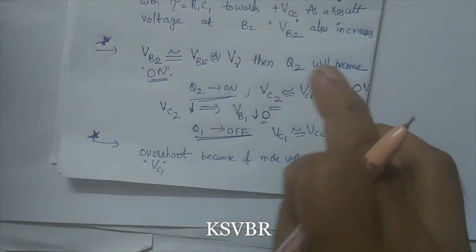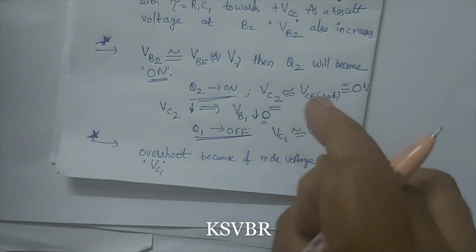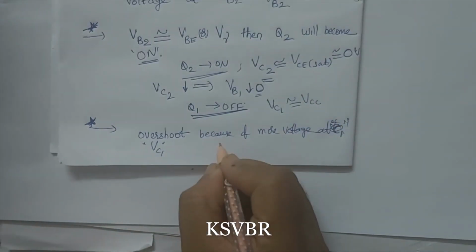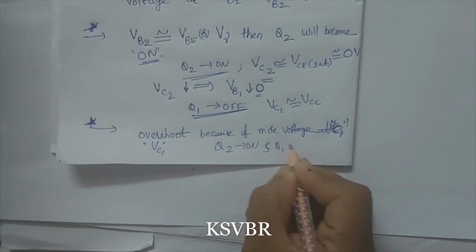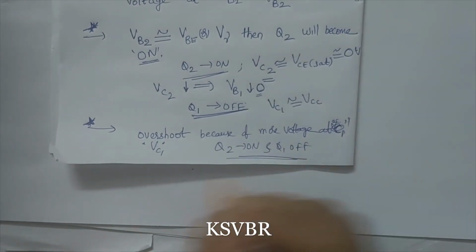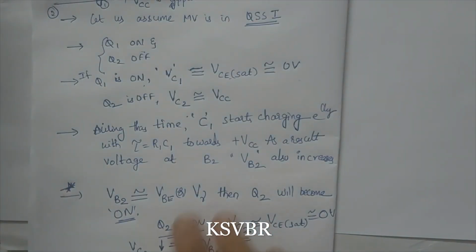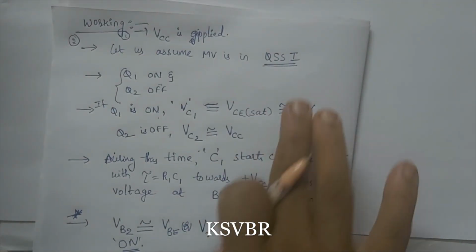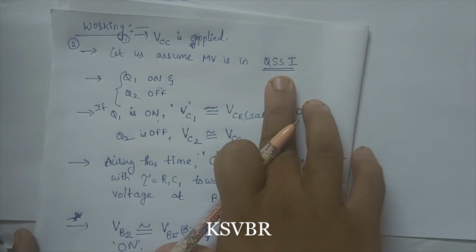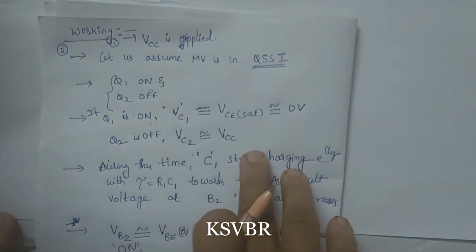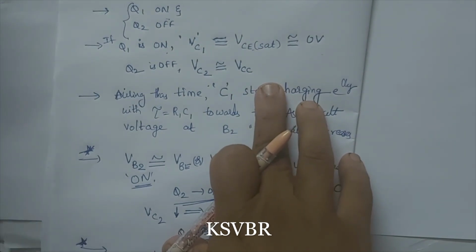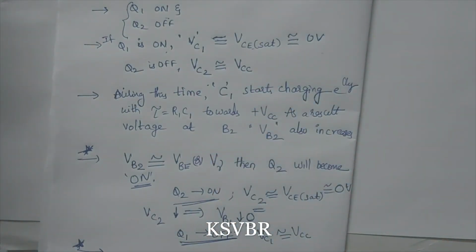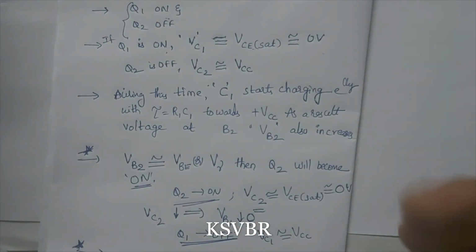So this is called the second quasi-stable state. What is the second quasi-stable state? Q2 on and Q1 off. We assumed our transistor was in quasi-stable state 1, that is Q1 on and Q2 off. We have analyzed what happens to Q1 and Q2 depending upon the capacitor charging times.